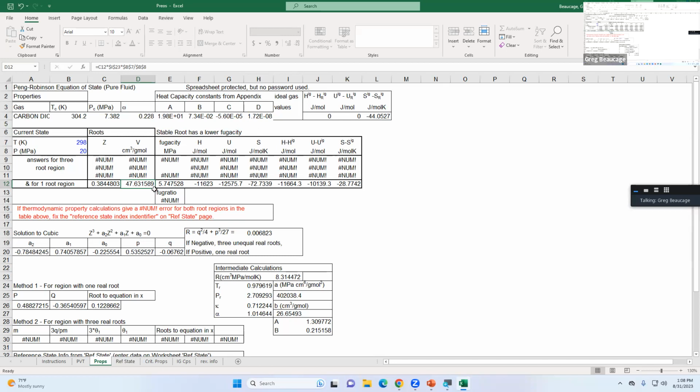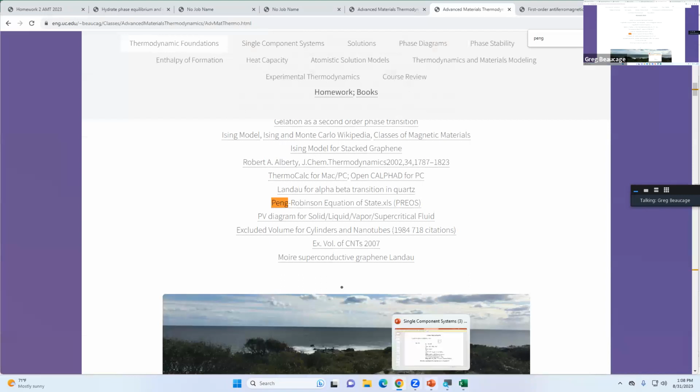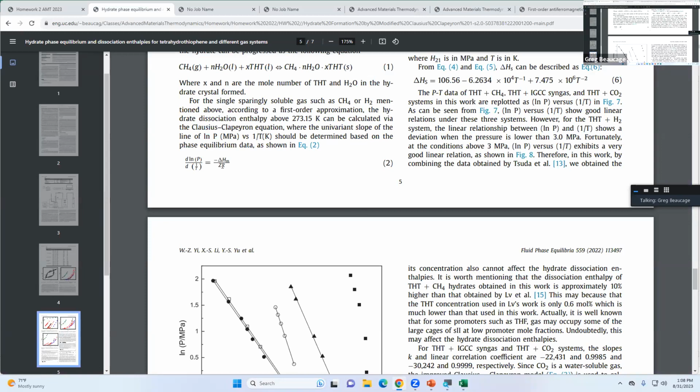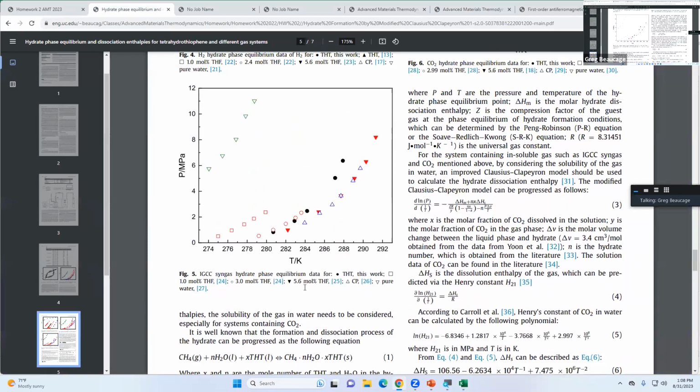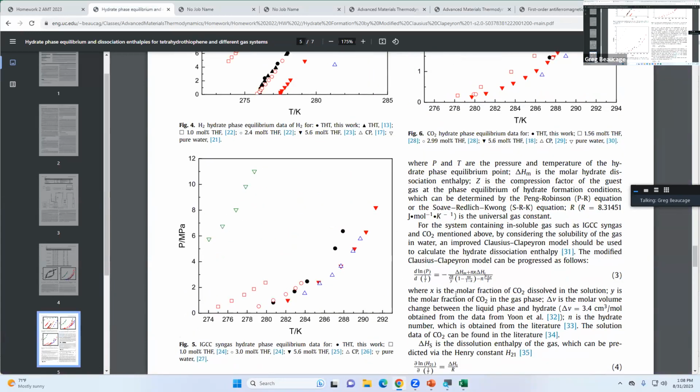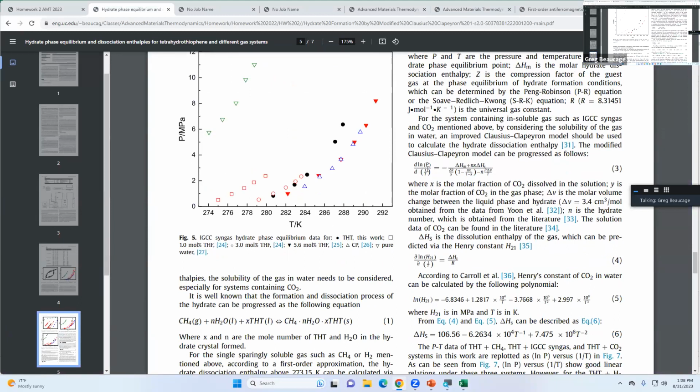Anyway, in this paper, he uses this kind of program. He uses this Peng-Robinson equation to get the Z value for the paper, when he presents it in this thing, right? So he gets that Z value. So he takes that equation, then he makes it a little bit more complicated, right?